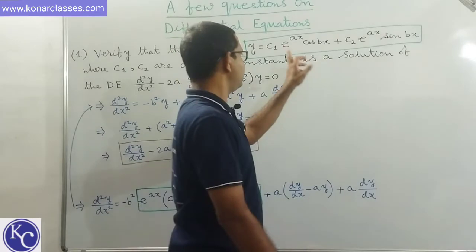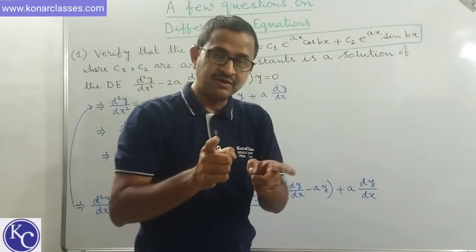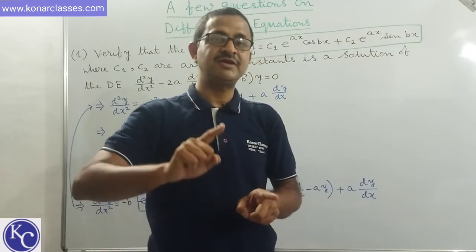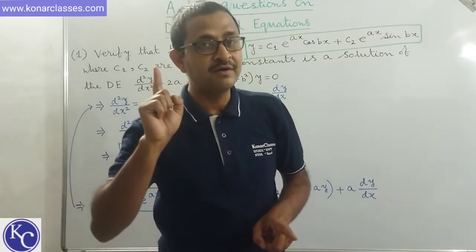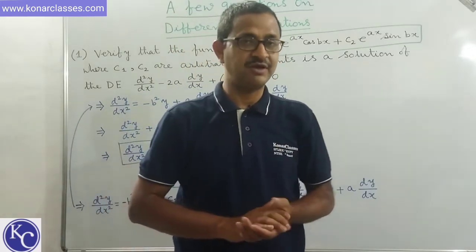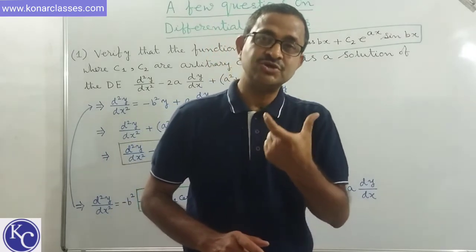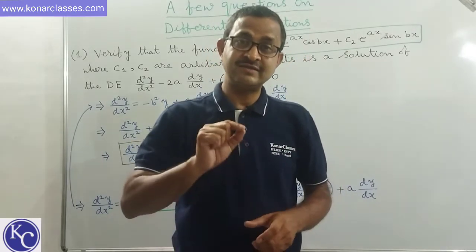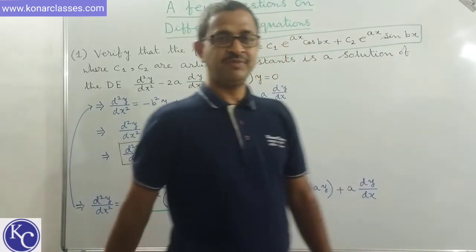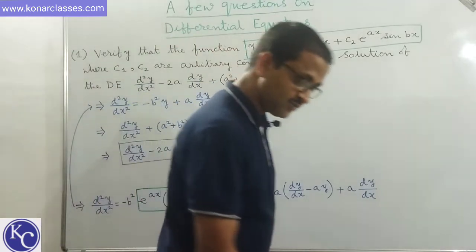Why? Because in the general solution there are two arbitrary constants, and the number of arbitrary constants in a general solution of a differential equation is equal to the order of the corresponding differential equation. I repeat once more: the number of arbitrary constants in a solution is equal to the order of the corresponding differential equation. So we can also derive something like this. Okay, now let's proceed to the next question.